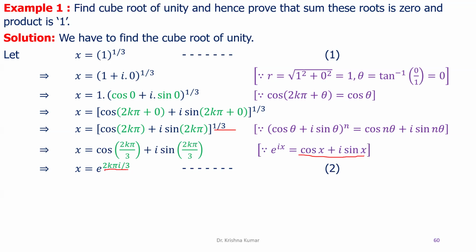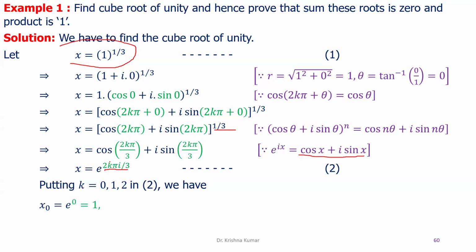Now, if we put the value of k equal to 0, 1, 2, we get the different roots of the cubic equation x cube equal to 1, that is x equal to 1 to the power 1 upon 3. So let us put k equal to 0, 1, 2. We have x0, for k equal to 0, e to the power 0, which is 1.